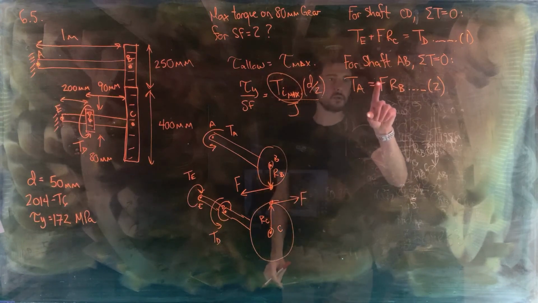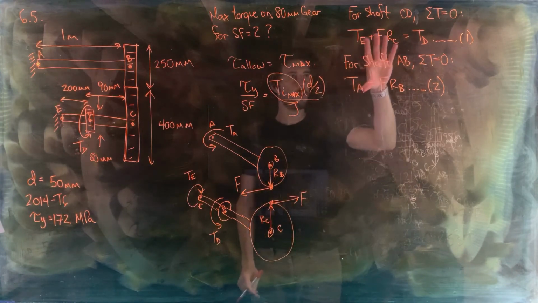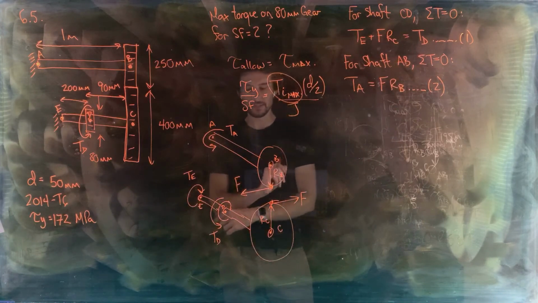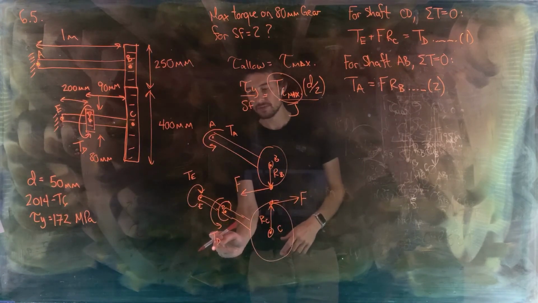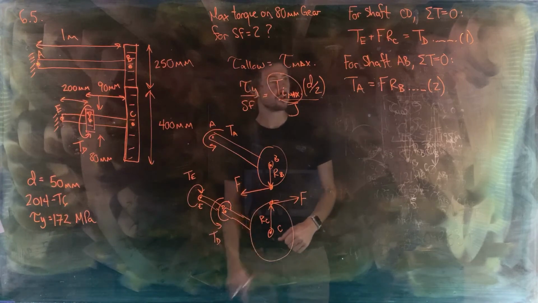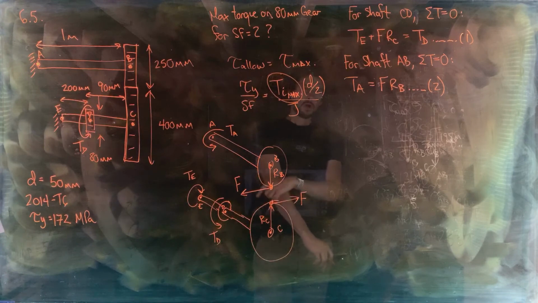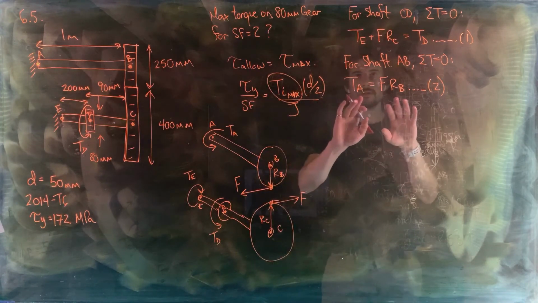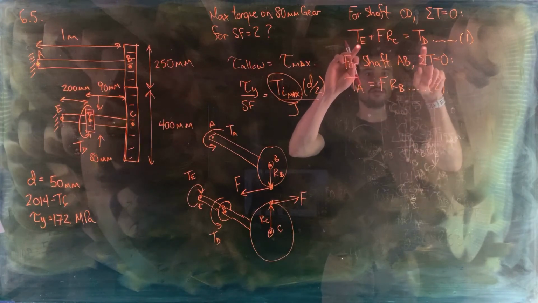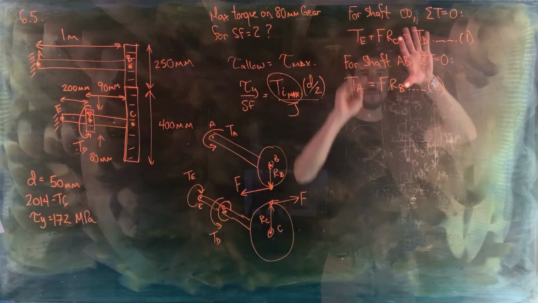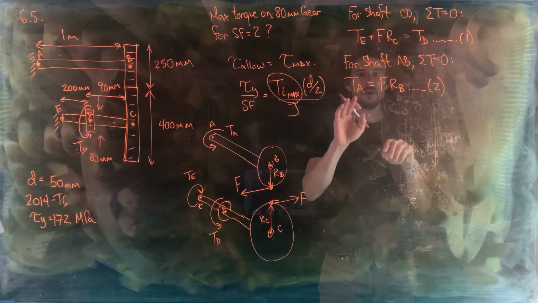So we're on our way to getting multiple different equations that have the support reaction torques, so we can solve for those in terms of what we want, which is the applied torque TD. So what else can we do? Let's count our unknowns. We've got 1 unknown, 2 unknowns, 3 unknowns. We know what RC and RB are, so those aren't unknowns.